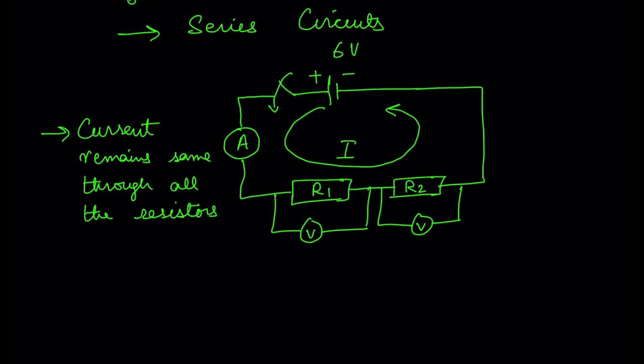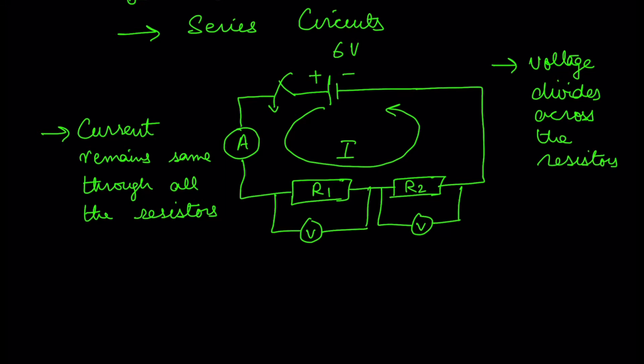Now let's talk about the voltage or the potential difference. So voltage basically divides across the resistors in a series circuit. How? For example, the total voltage over here is 6 volts.